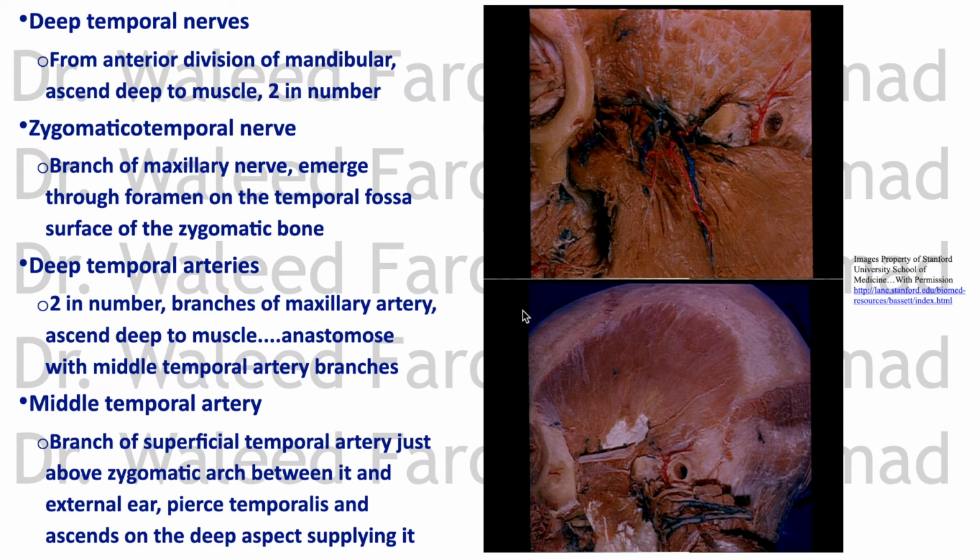So in these specimens, you can see the arrangement of fibers. You can see the middle temporal artery. You can see the deep temporal arteries. By the way, see these threads on the arteries? These are the nerves, the deep temporal nerves. These are the nerves coming out from the anterior division of the mandibular nerve. Okay.